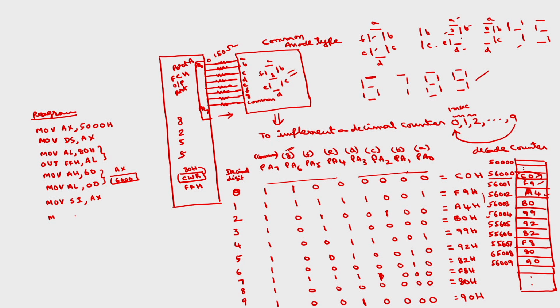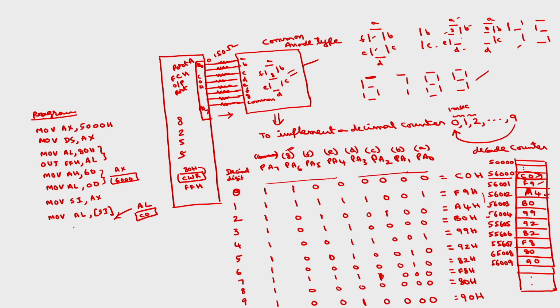Then move AL comma contents of SI. After this instruction AL will contain C0H, which is the code corresponding to 0. If I output C0H from here, a 0 will be displayed on the 7 segment display.